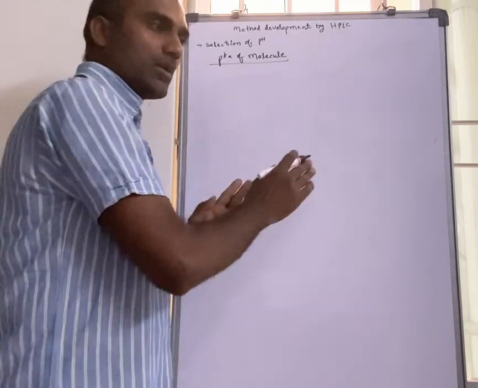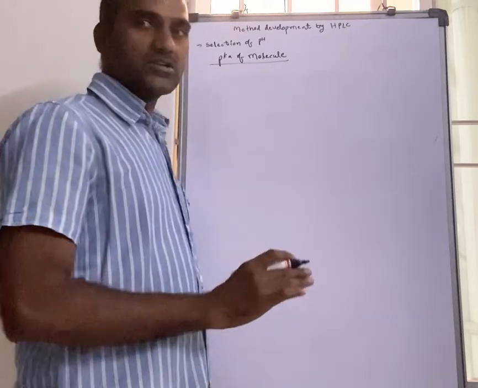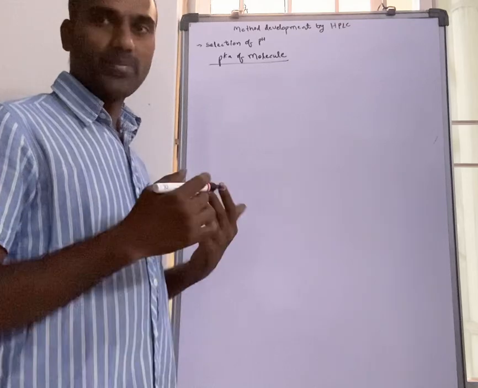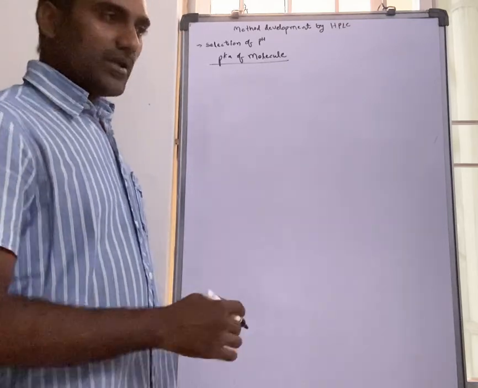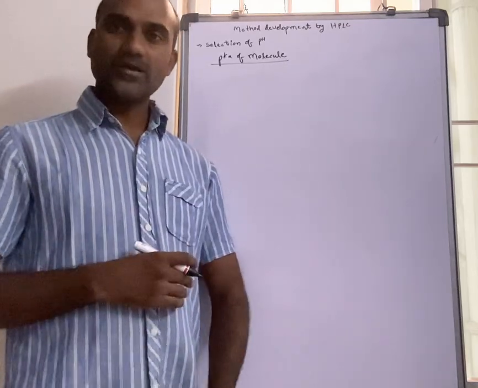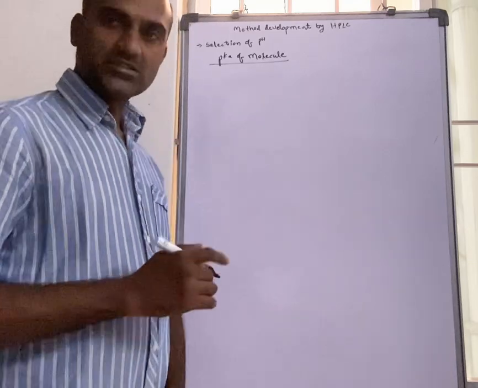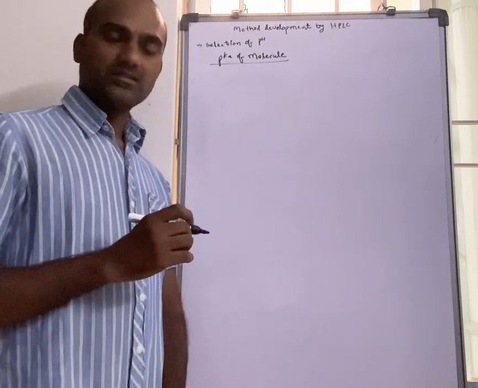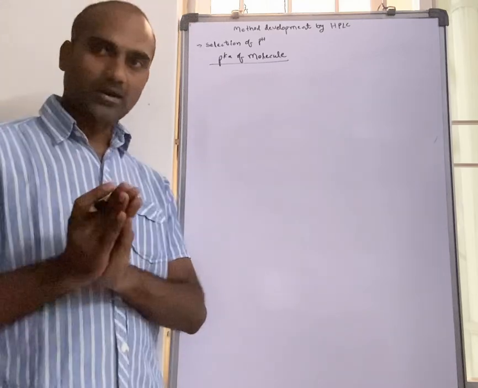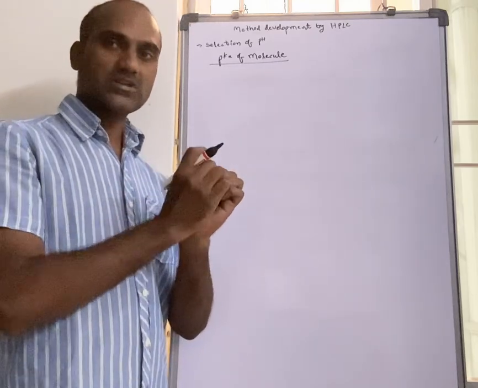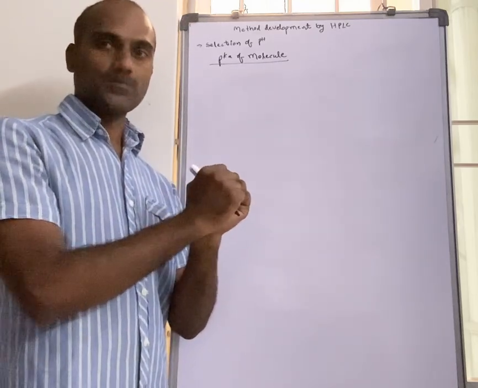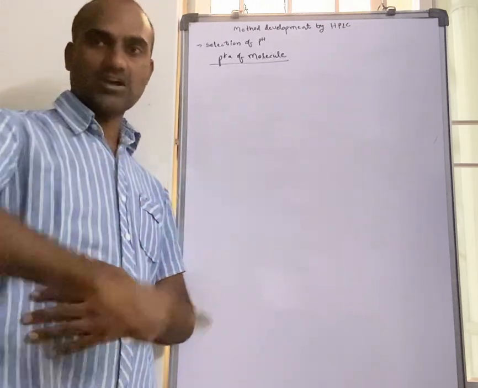Whatever buffers or pH adjustments we use, how will we get good peak shapes? If the molecule is in a single state, completely ionized or completely unionized, 100% in one state, then we will get a single sharp peak.